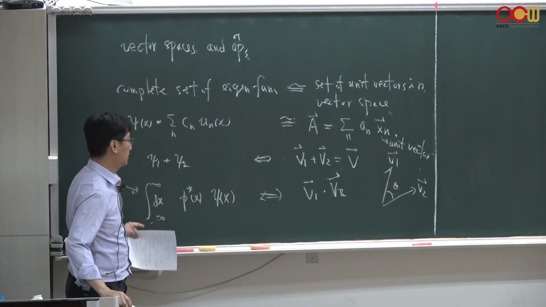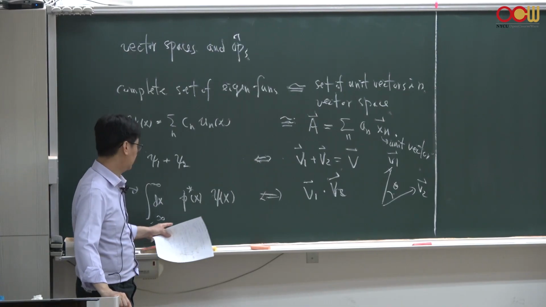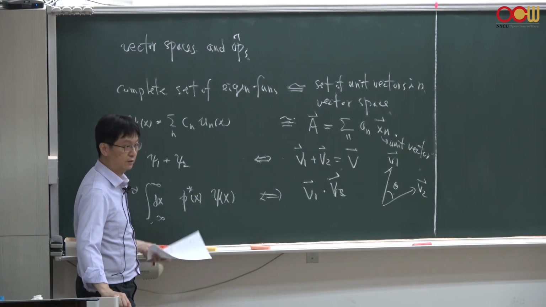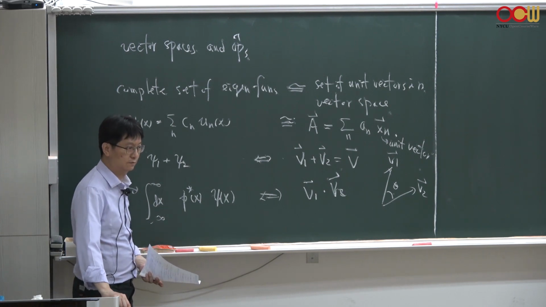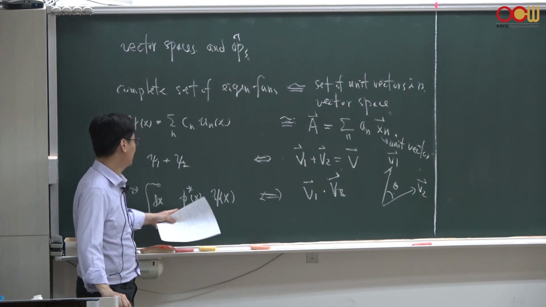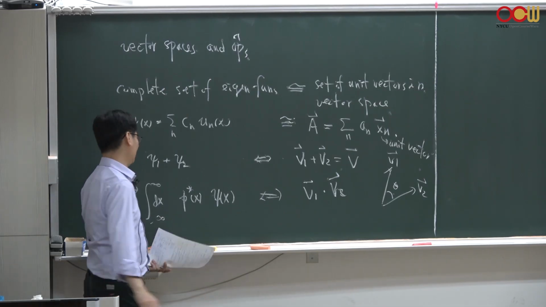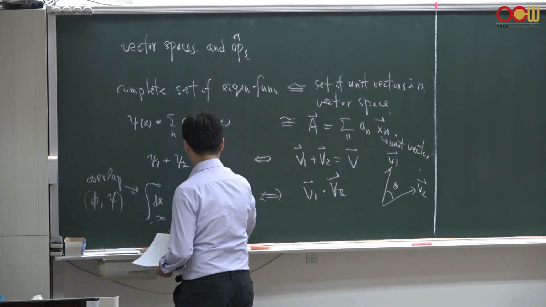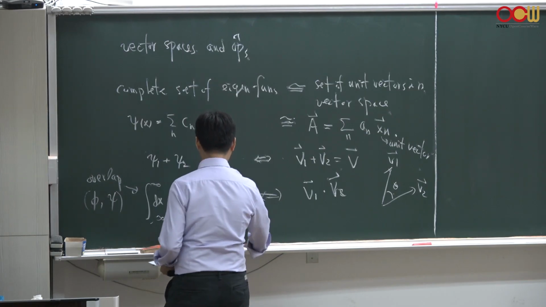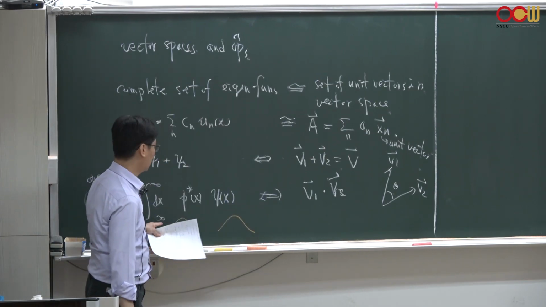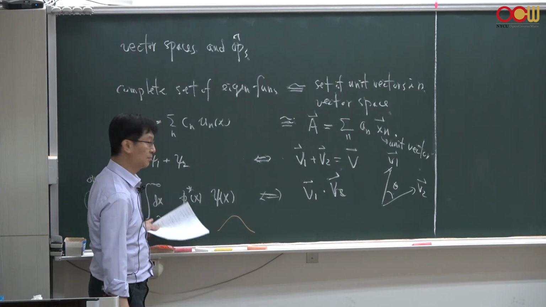In quantum mechanics, this kind of inner product is defined as this overlap integral. When the overlap integral vanishes, they have no overlap. So there are two separated wave functions distributed at different spatial locations, and they don't have any overlap, so this overlap integral vanishes.